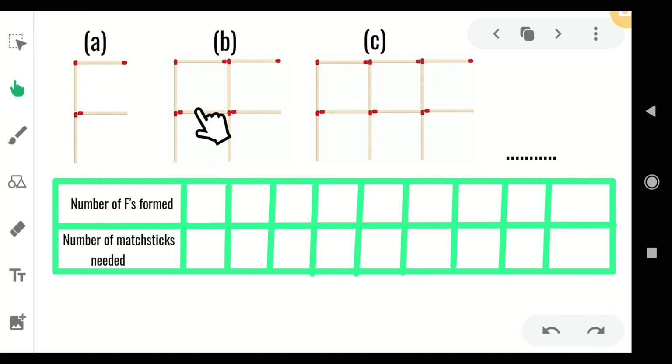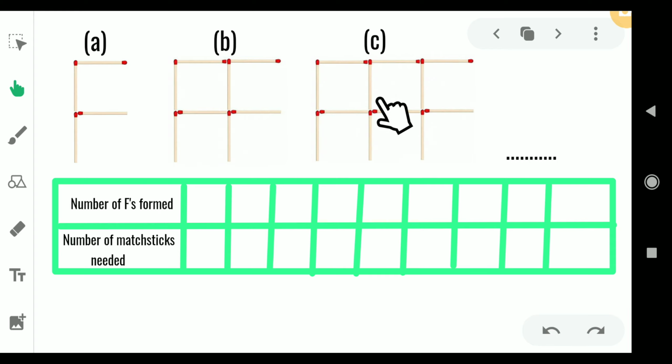This is the first letter F and this is the second letter F. Can you guess how many matchsticks have been used here for making these 2 F's? 1, 2, 3, 4, 5, 6, 7, 8. So for making these 2 F's, we have used 8 matchsticks.